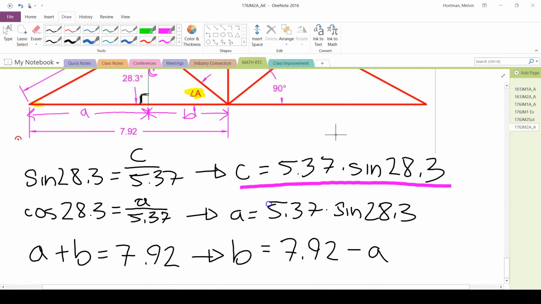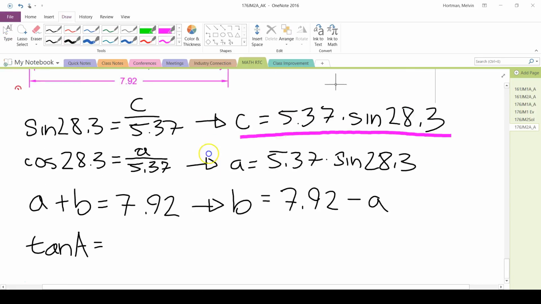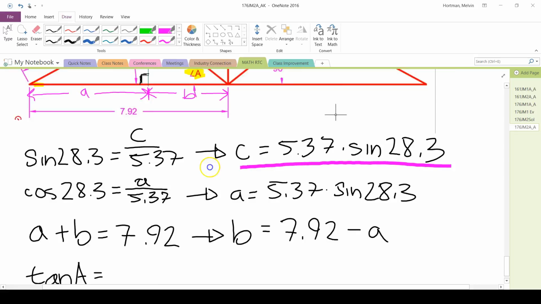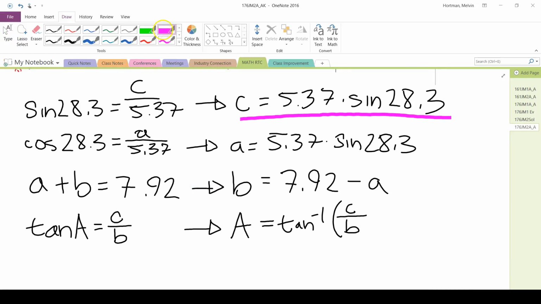And then with knowing B and C, we can do tangent of A equals C over B. So C over B, and this leads us to angle A equals inverse tangent of C over B. Wonderful. So here are our 4 equations that we're going to solve.